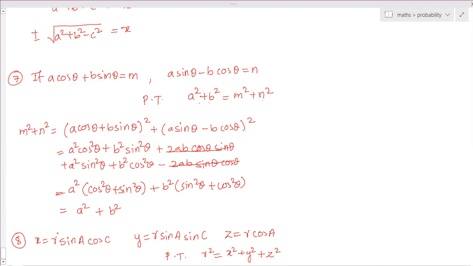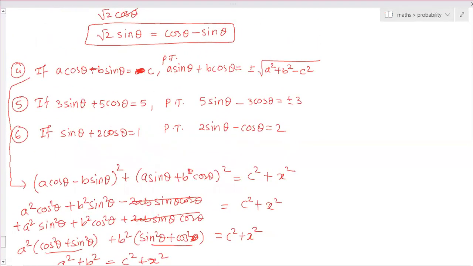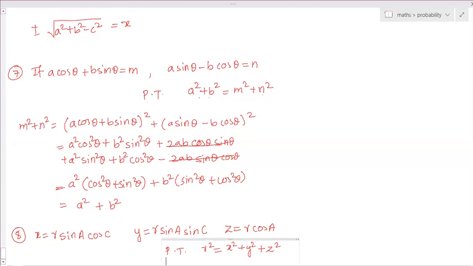So start with what they have asked to prove.